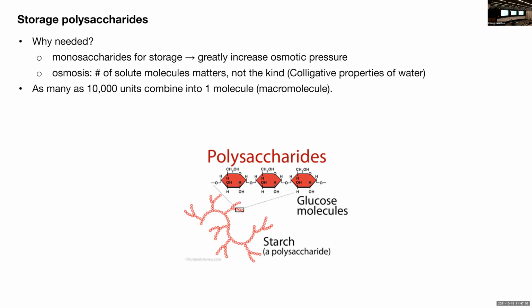But living systems do not actually keep them as just single simple sugars. And the reason is because it raises the osmotic pressure tremendously. Imagine, we talked about the colligative properties of water, where the amount of molecules will change a lot in terms of boiling or melting temperature and so on, as well as osmosis. And that is really important, especially for the cells, because they have the plasma membrane that keeps the cytoplasm, the internal stuff, in the cell.